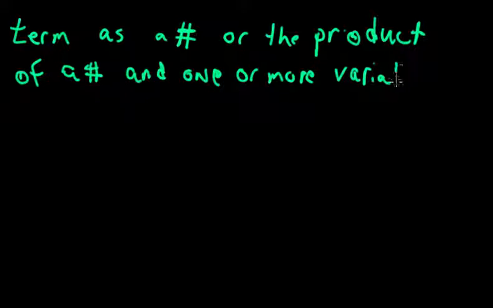So a term definition, this is the definition we used when we first introduced it, was a number, so 3 is a term, or the product of a number and one or more variables.